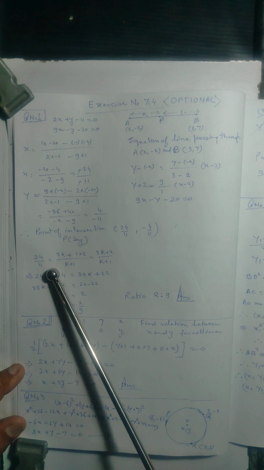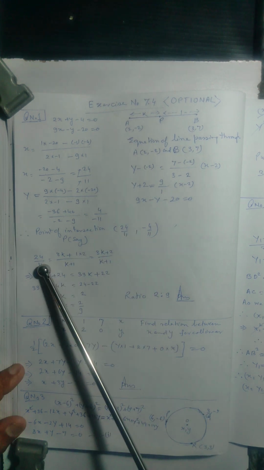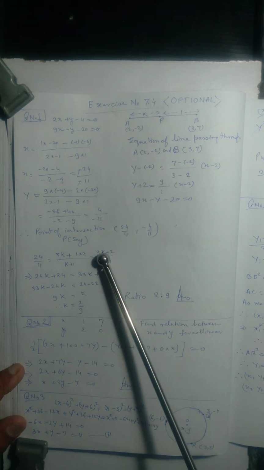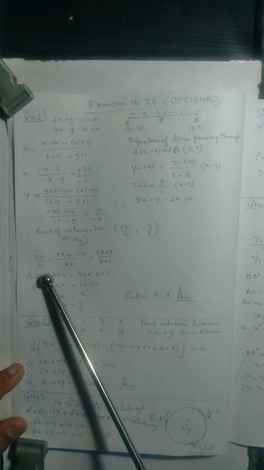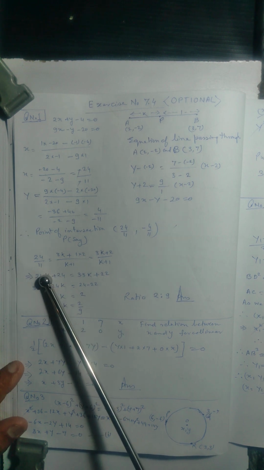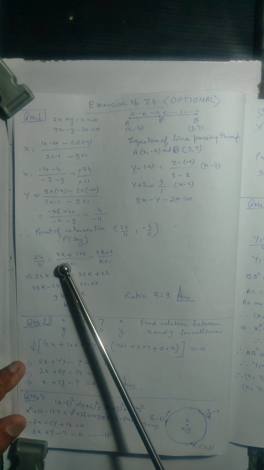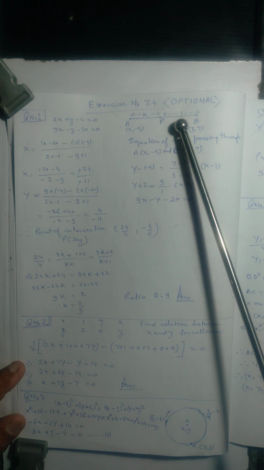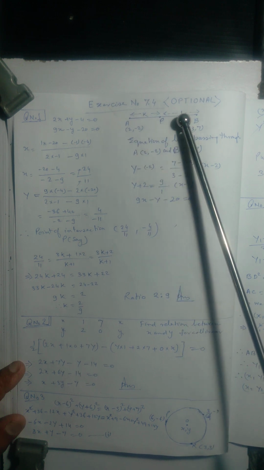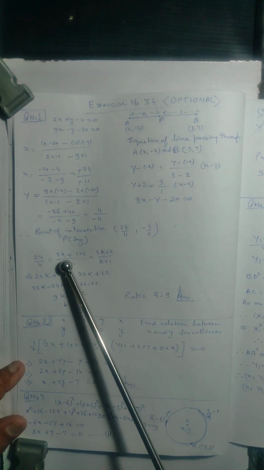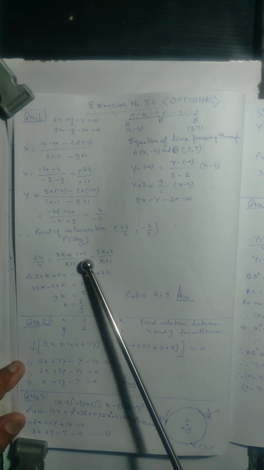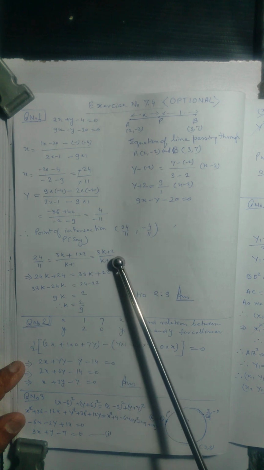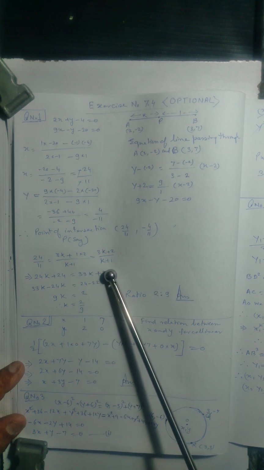Now let this point of intersection divide AB in the ratio k is to 1. So 24 by 11 will be equal to (3k plus 1 into 2) whole divided by (k plus 1), that is (3k plus 2) upon (k plus 1).